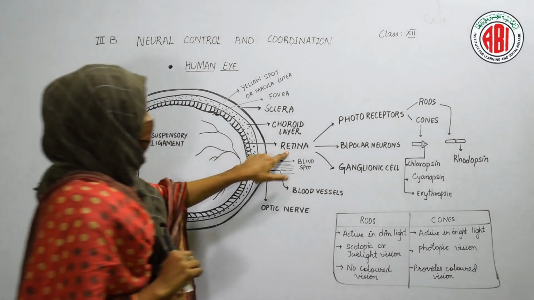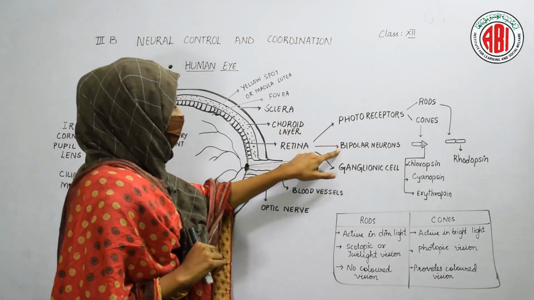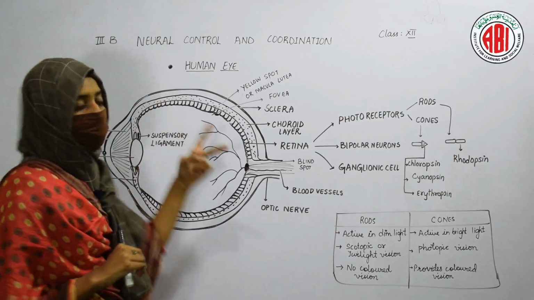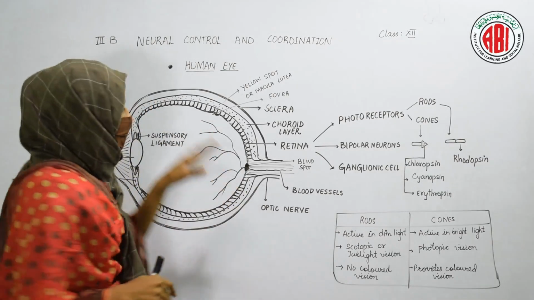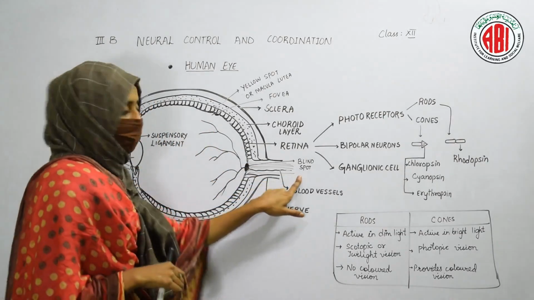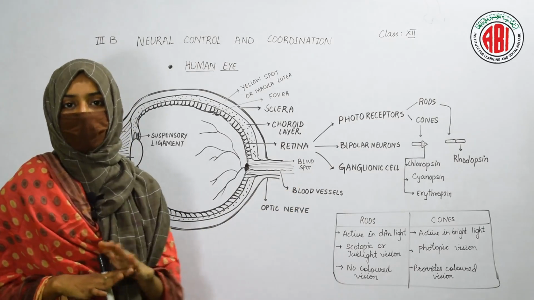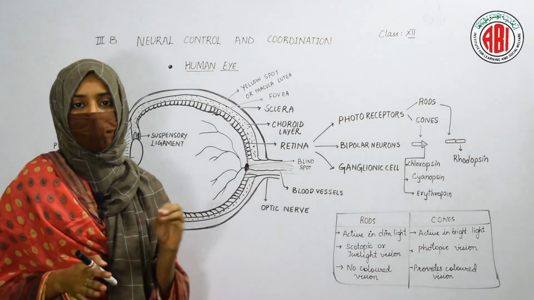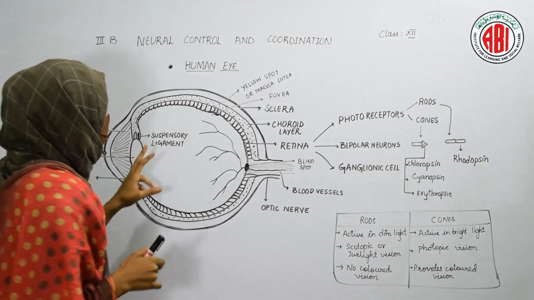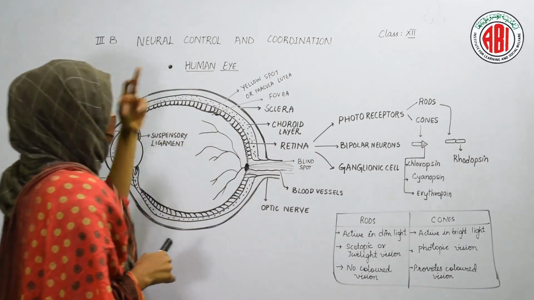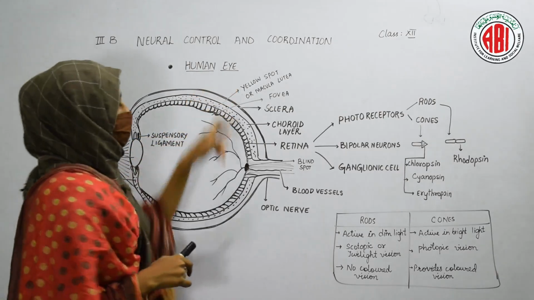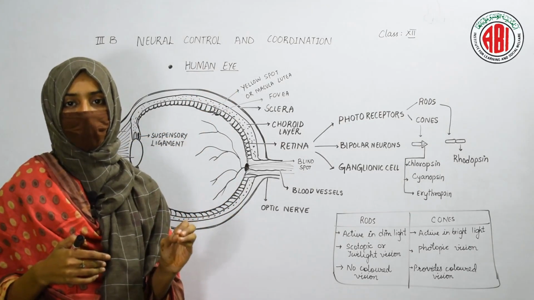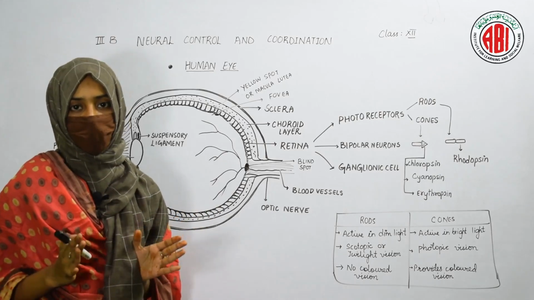In the layer retina, besides photoreceptor, bipolar neuron and ganglionic cell, you can also find two main spots. One spot is the blind spot where the light doesn't fall, and if the light falls also, this spot will not give you the vision. This is called blind spot. And one other spot is called yellow spot, where if the light falls, then it will give you the bright vision.